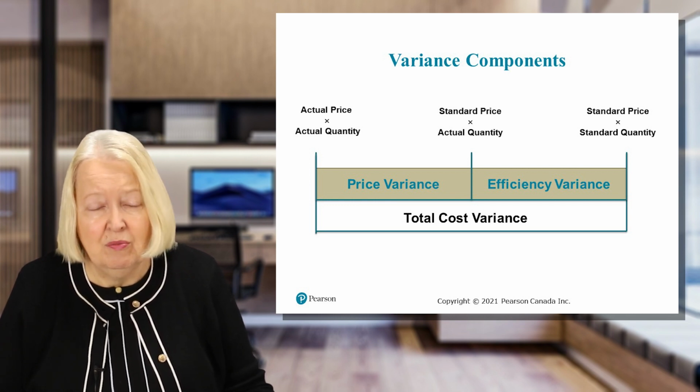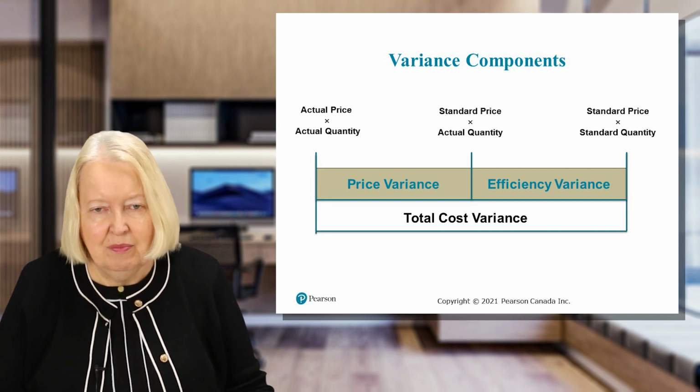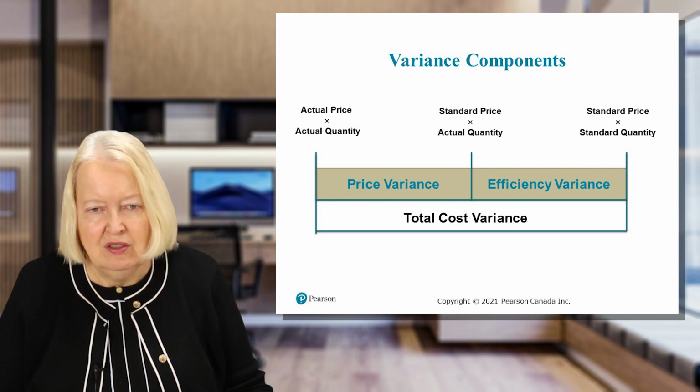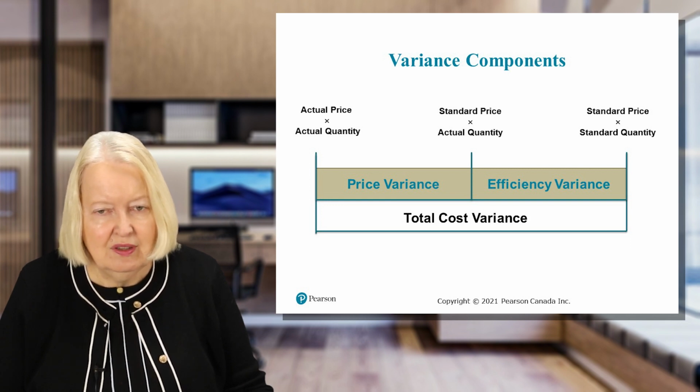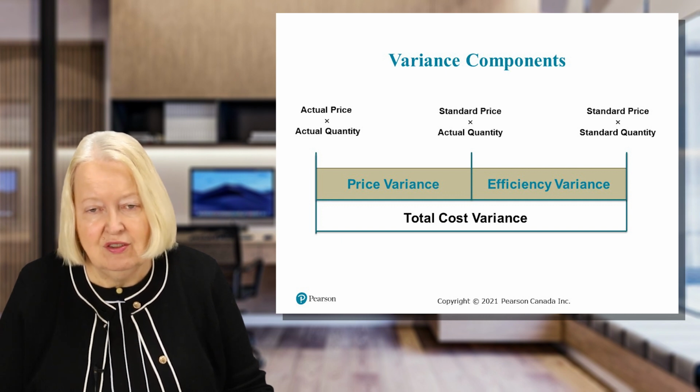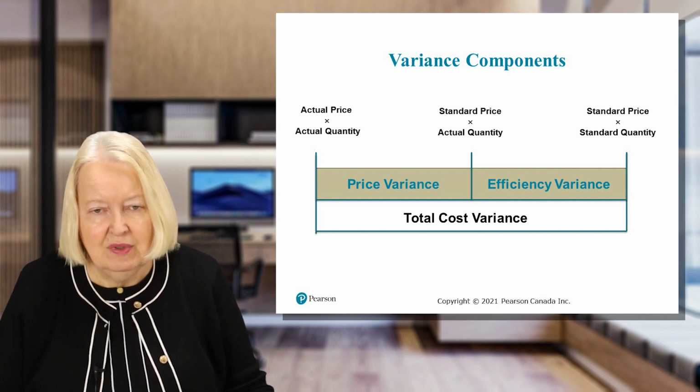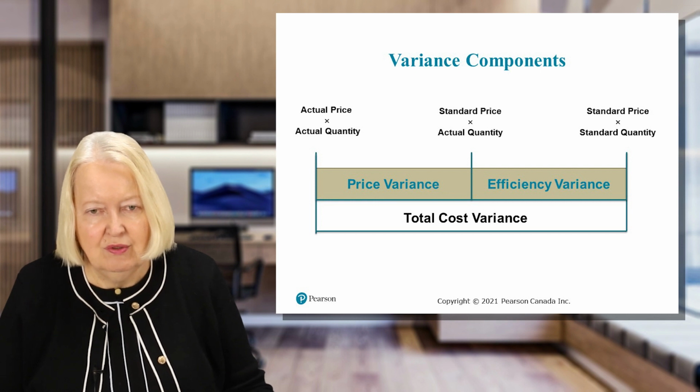There's any one of a number of reasons why the price and quantity could vary. So your total cost variance can be broken down into how much was due to the price per unit being different than what you had thought, and how much is reflecting efficiency variance. In other words, did you use more units than you should have? So how much is due to price and how much is due to efficiency?